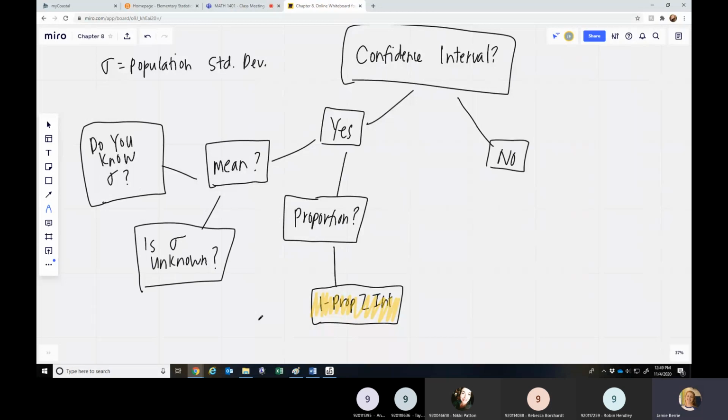If you know sigma, then you're going to do a z interval. So if you know the population standard deviation, you're going to do a z interval. If you do not know the population standard deviation, you're going to do a t interval.